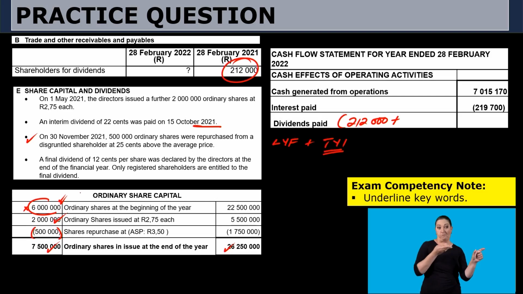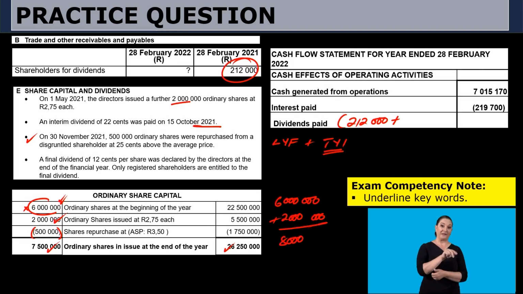So we now know that at the beginning, we had 6 million shares, and then a further 2 million was issued. So it means it's 6 million plus a further 2 million, which was issued, to give us now 8 million shares. After the further 2 million, then an interim dividend was declared. So we now come, then we say, on the 8 million shares that we have, we multiply the interim dividend of 22 cents per share.